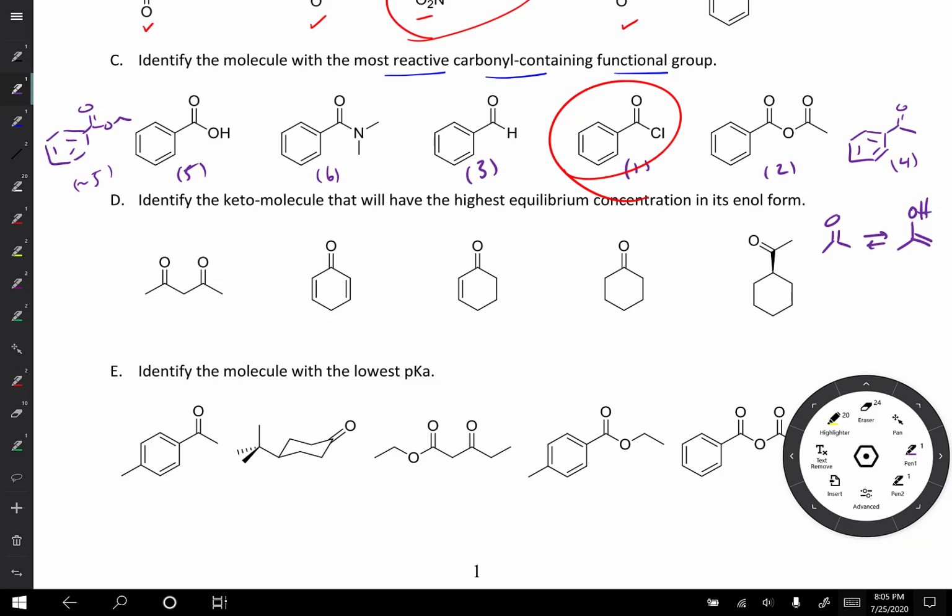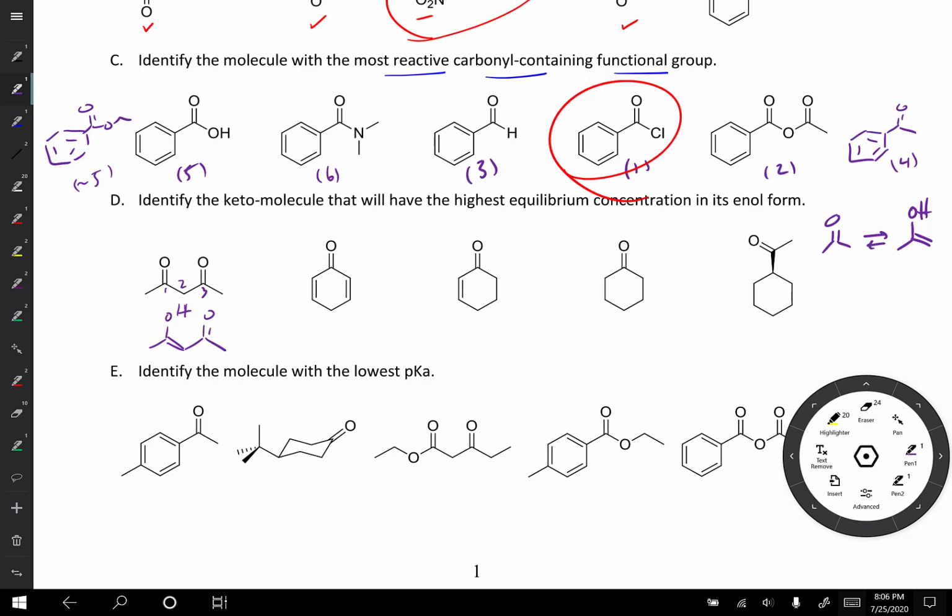And one way that we could do this is by having it stabilized in resonance. So for example, if we were to draw each of the enols for these, this is stabilized by this carbonyl, this 1,3-dicarbonyl.